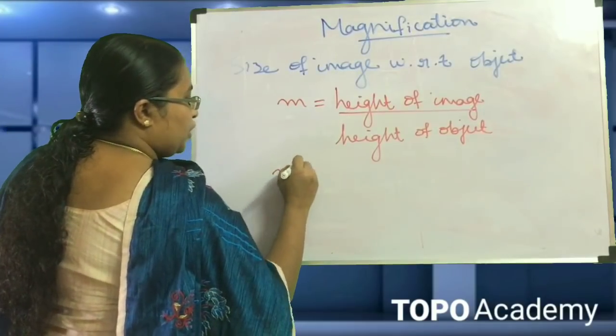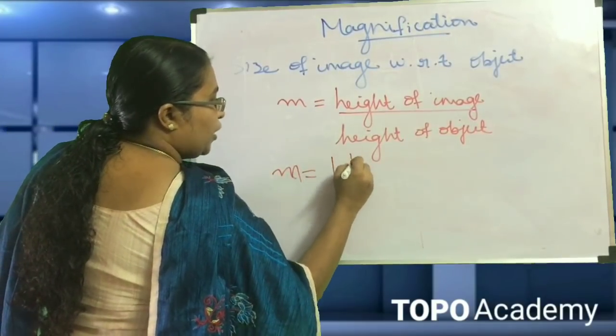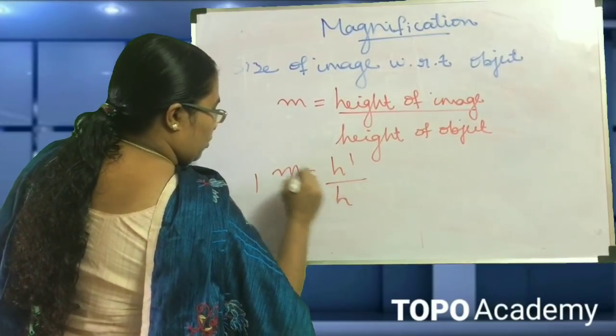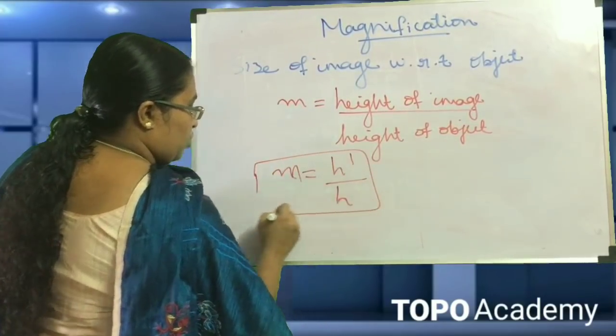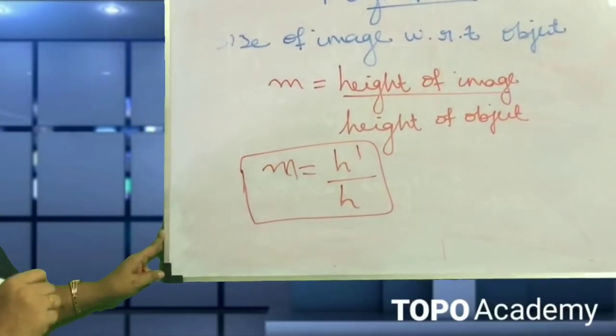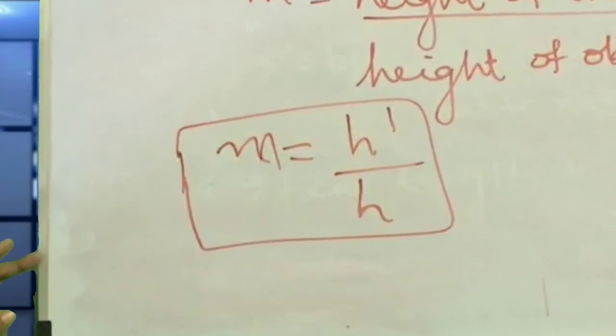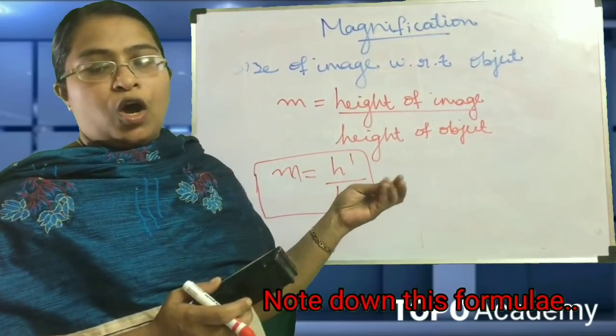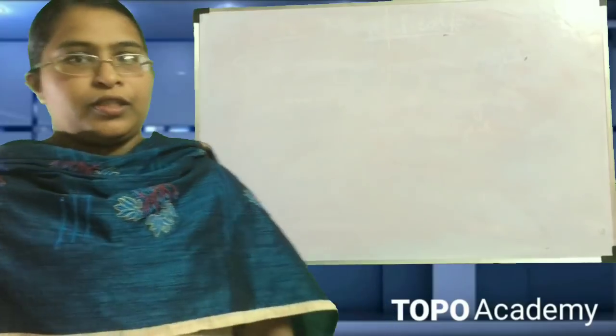So we can write m is equal to h dash, height of the image, divided by h, height of the object. This is the equation to find the magnification. Next we have to see the sign for this h dash and h for virtual and real images.